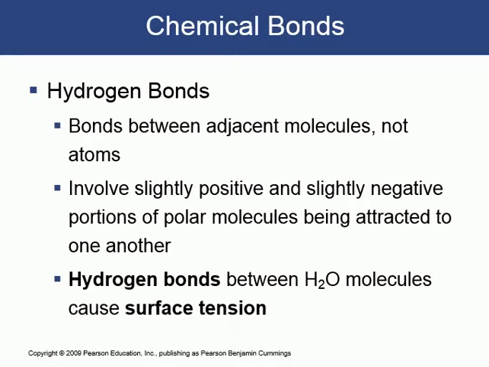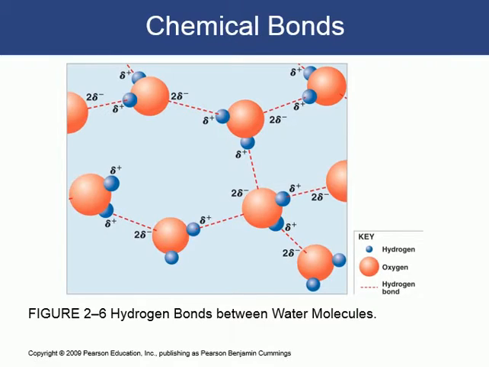So this is slightly positive with slightly negative. In this case, the hydrogen bond in water is slightly positive hydrogen with the slightly negative oxygen. They come closer to each other, just a little bit of attraction, partial attraction, and this is called the hydrogen bond, and this is the weakest of all.